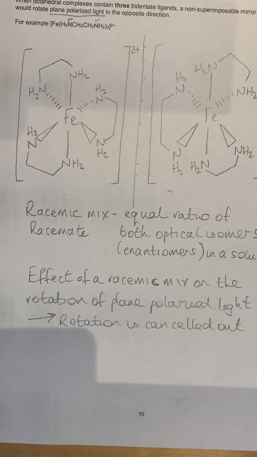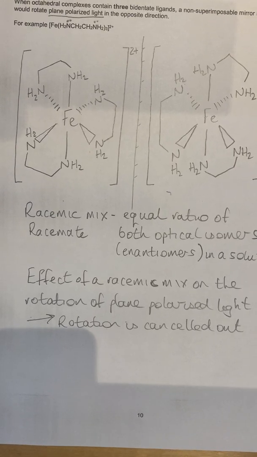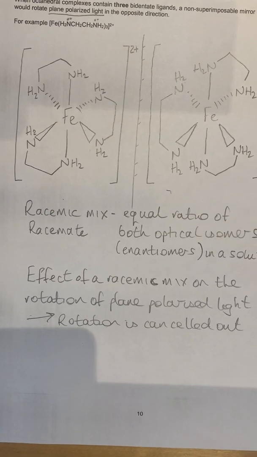So one rotates a certain number of degrees clockwise, the other one rotates it an equal number of degrees anti-clockwise, so the rotation is cancelled out.